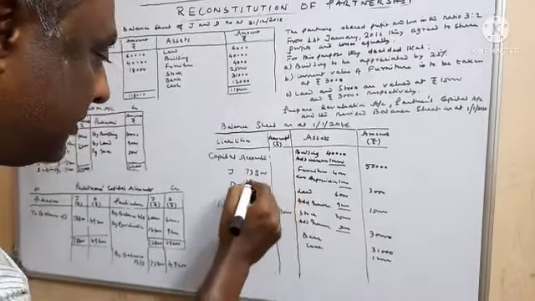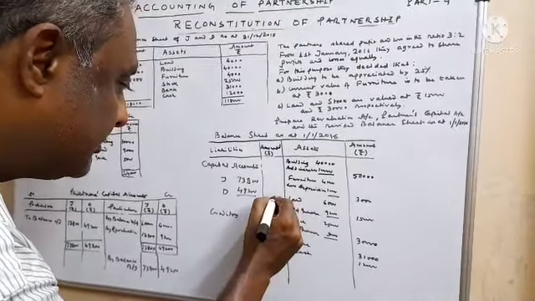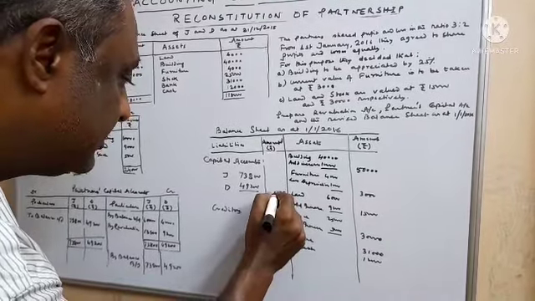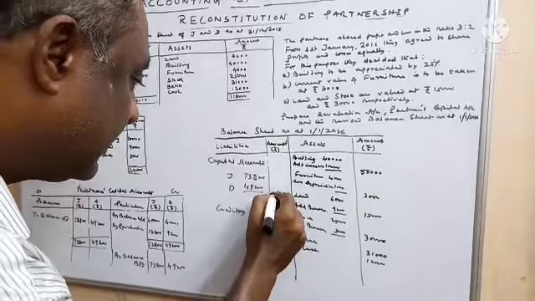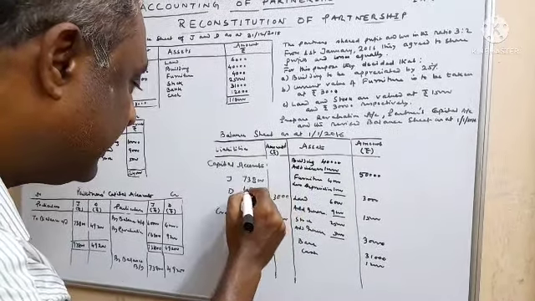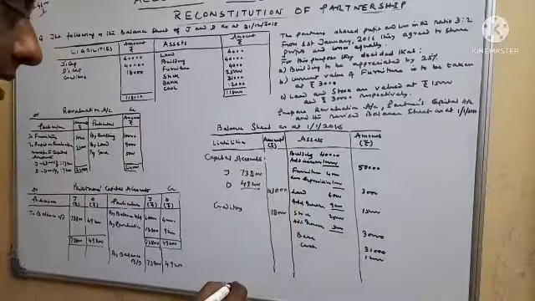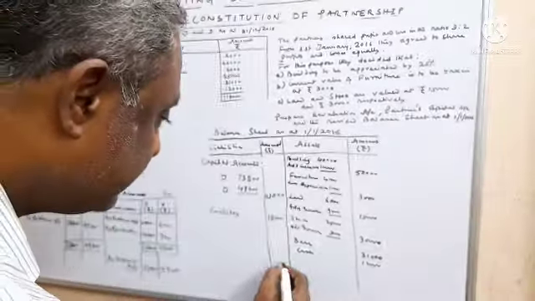Now total becoming how much? 73,800 and 49,200 gives 123,000. 1,23,000.